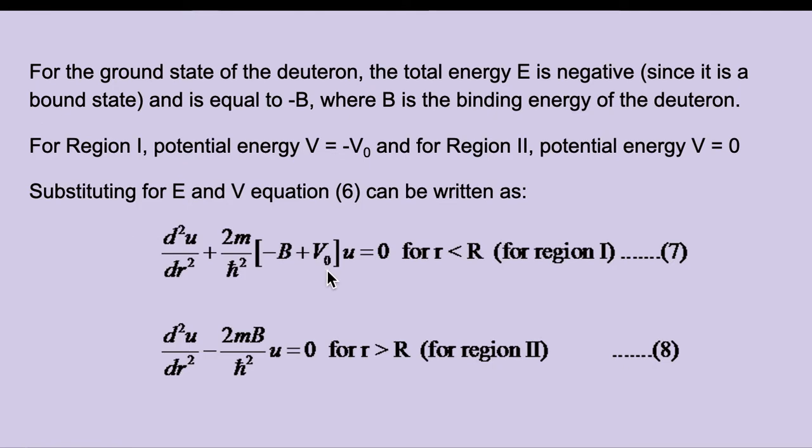So minus B plus V0, times U, equal to 0 for r less than capital R. That means our first region.